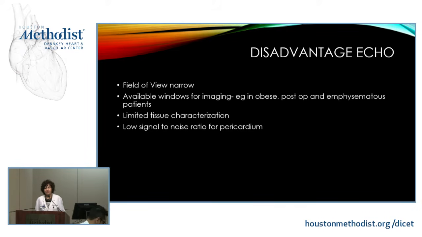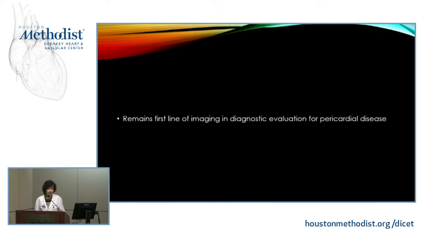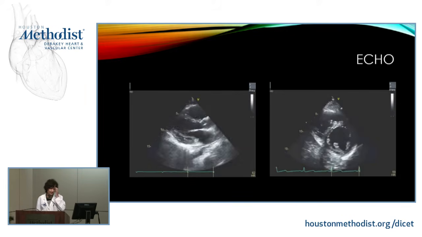The ability to determine pericardial thickness, and to determine if there is inflammation present, remains limited on echo. However, it does remain the first line of imaging in pericardial diseases.